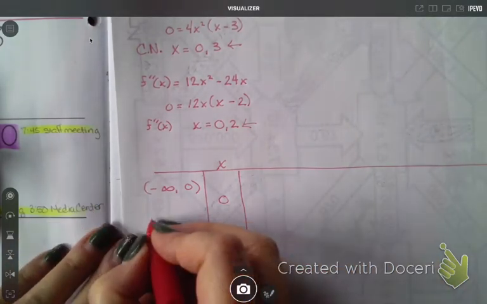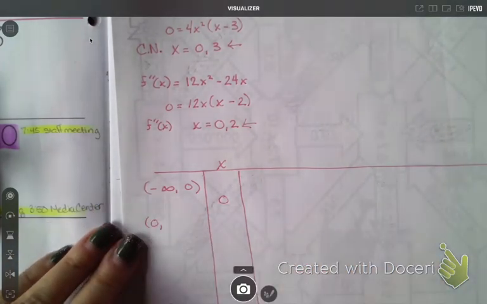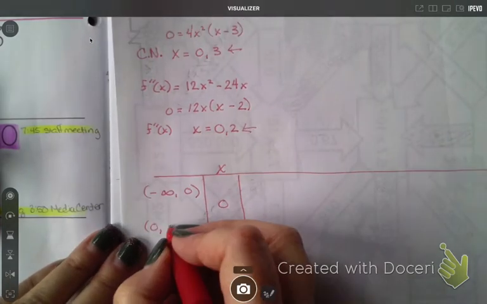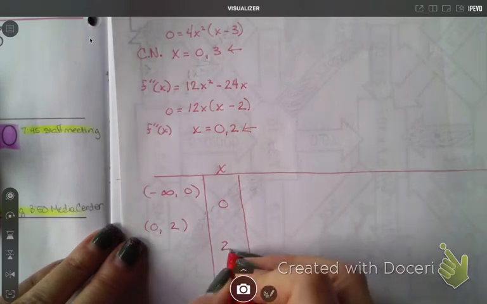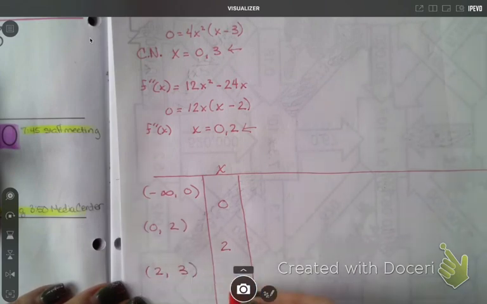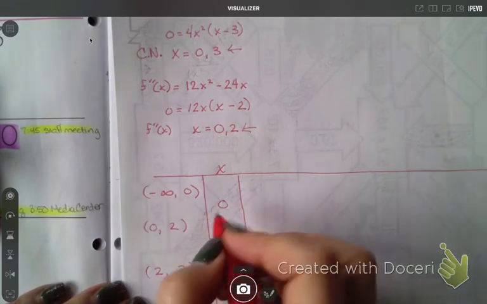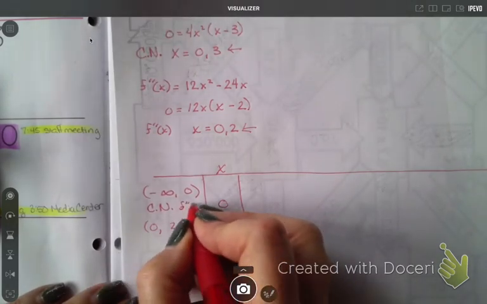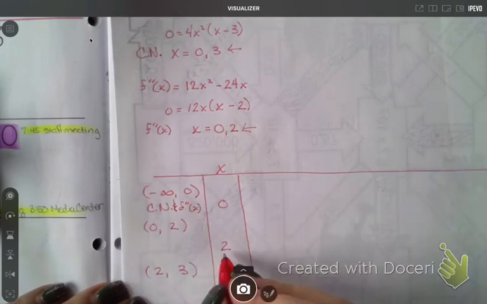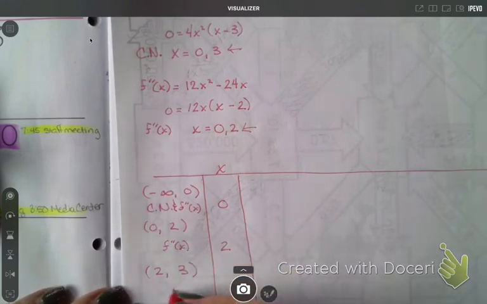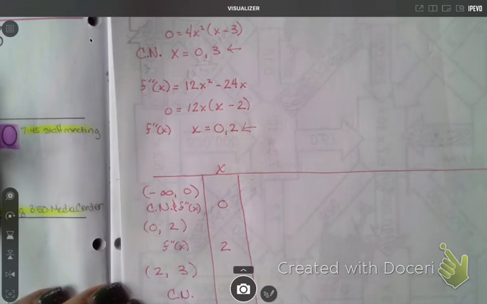And then 0 to what? 2. And then I put 2 in my x column. And 2 to what? 3. And then I put 3 over here. Oh, this 0 was a critical number and a second derivative, yes? I forgot that. This 2 was from the second derivative, and the 3 was a critical number, and then 3 to where? Positive infinity.